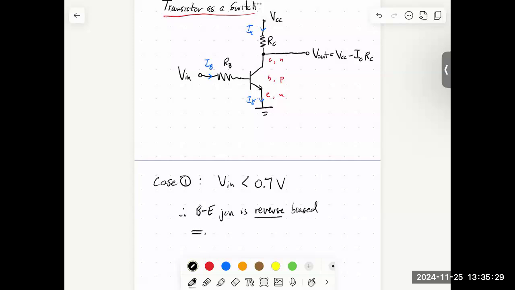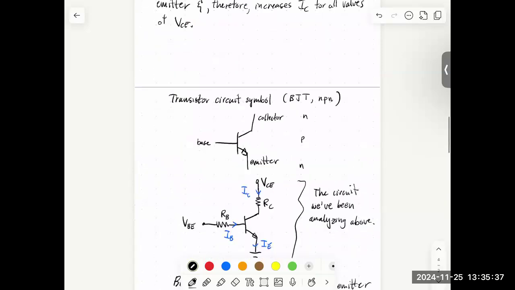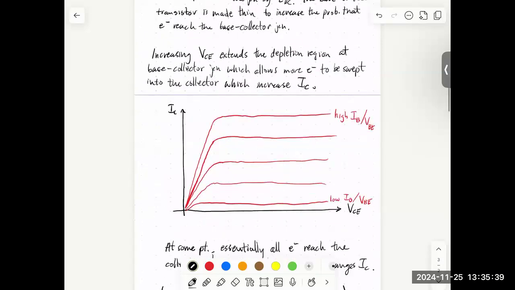And that implies that the collector current is going to be 0. We could go back to our picture here. We said low base currents would correspond to a small collector current. If the base current is 0, then we get 0 collector current.